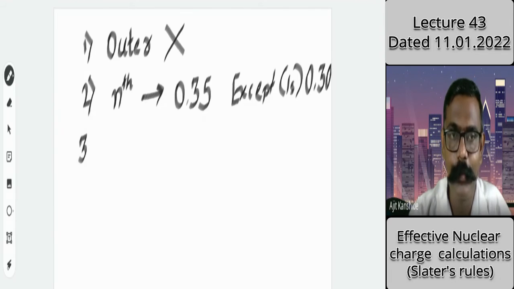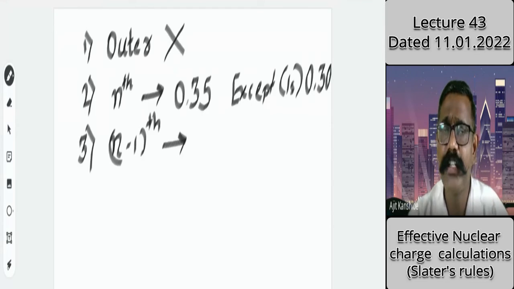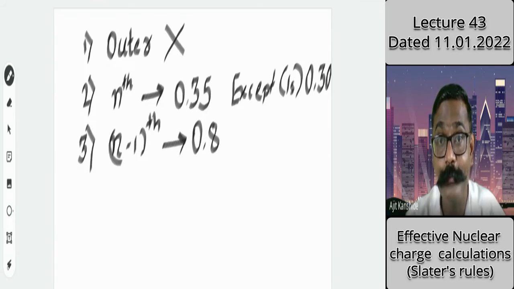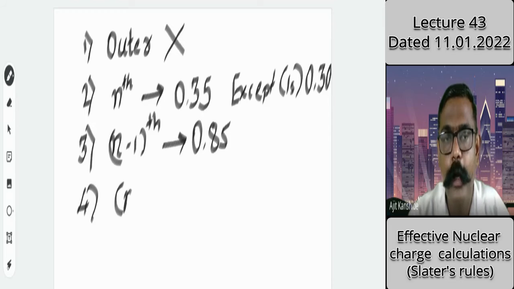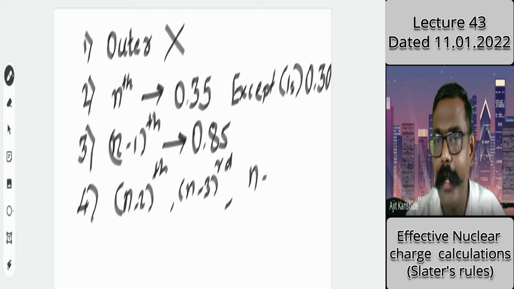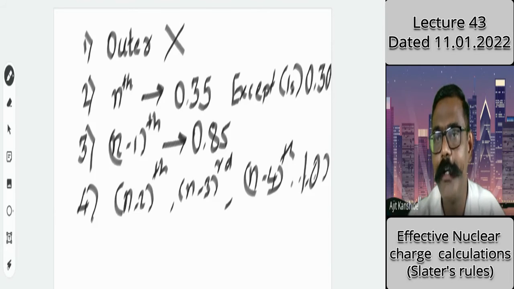Brilliant answer. Rule number 3: electrons in the n minus 1th group, contribution in the general way 0.85, if the nth group is not d or f. The contribution for the n minus 2th group, or n minus 3rd group, or n minus 4th group, and so on, is 1.00.